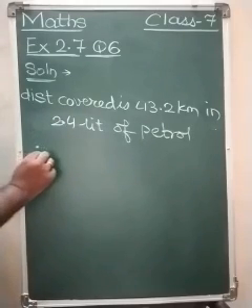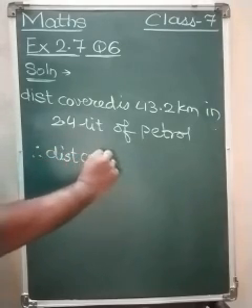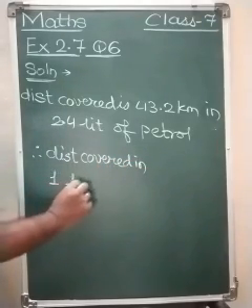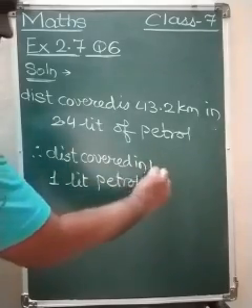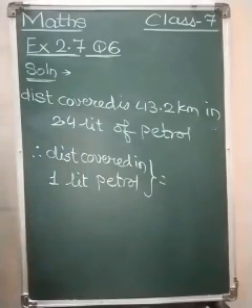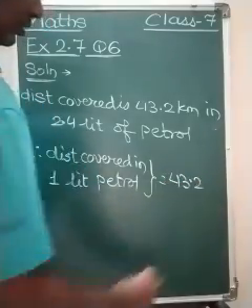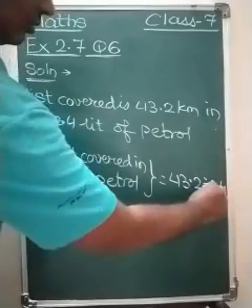So therefore distance covered in 1 liter petrol equals 43.2 divided by 2.4.